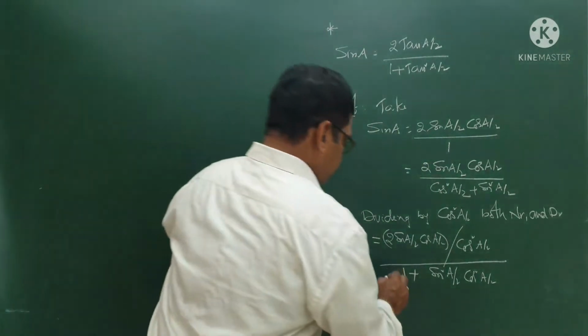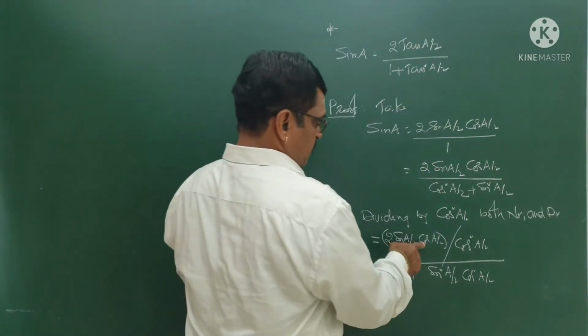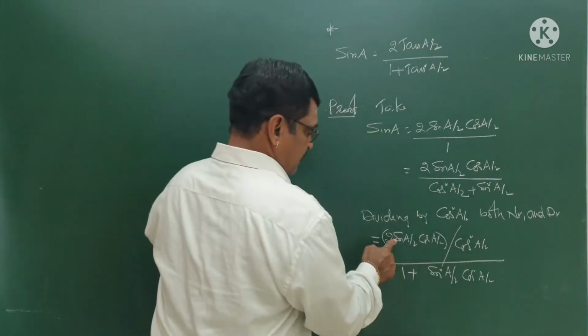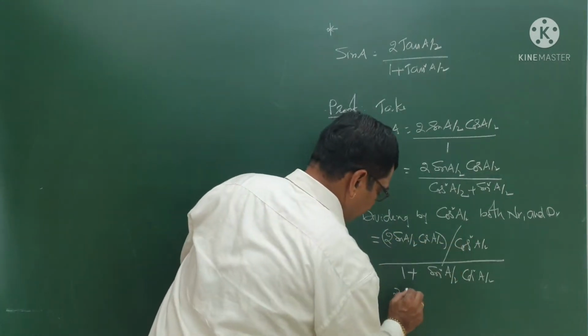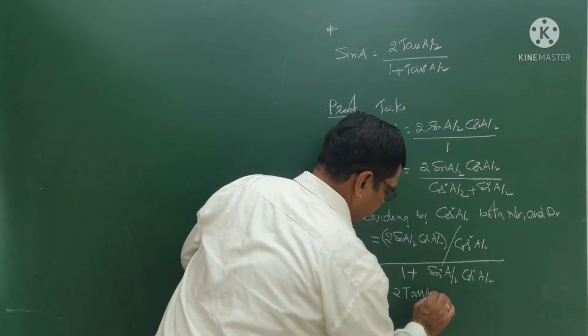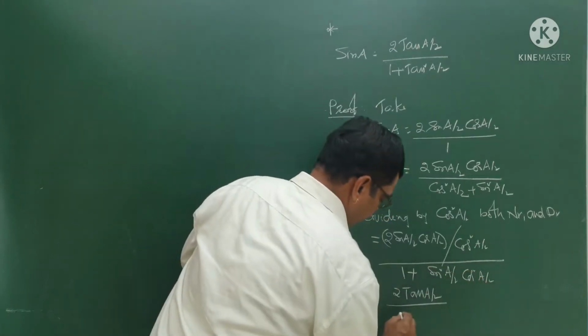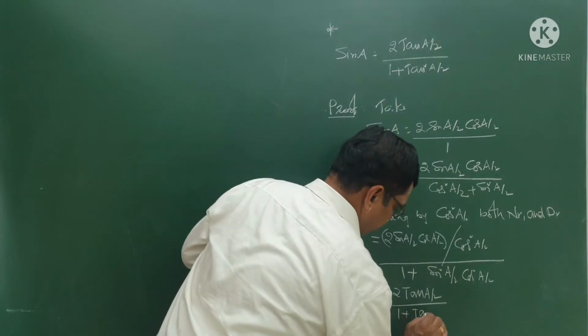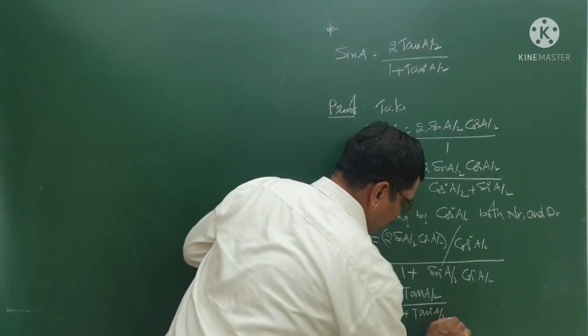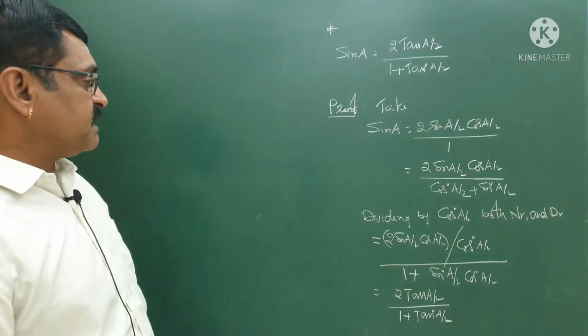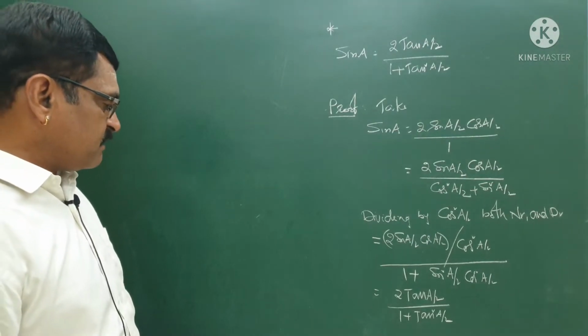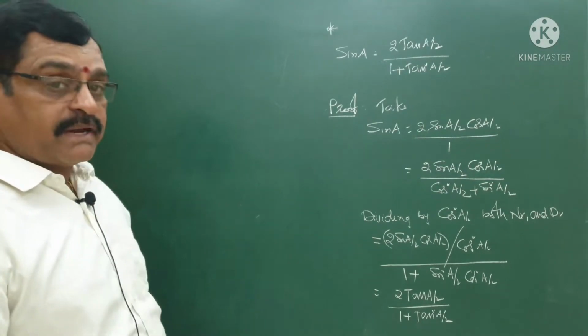Now here, cos A by 2 will get cancelled, sin by cos will become tan, over 1 plus sin square by cos square, nothing but tan square. So we could derive sin A is equal to 2 tan A by 2 by 1 plus tan square A by 2.